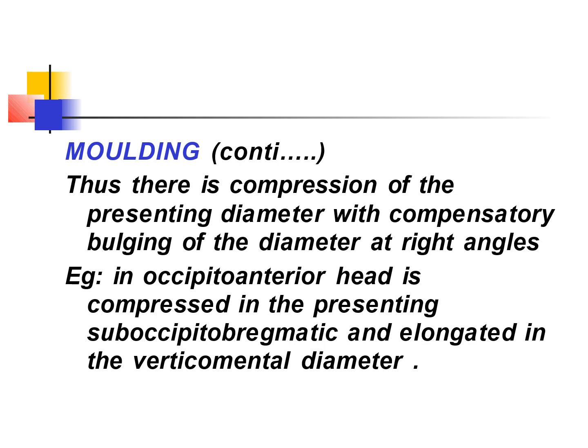See, if you want to understand it, you should be thorough with the diameters of the fetal skull. In the case of occipito-anterior position, the engaging diameter is suboccipitobregmatic, and when it is compressed, the occipitovertical diameter will get elongated. So the shape of the baby's head also will be changing.